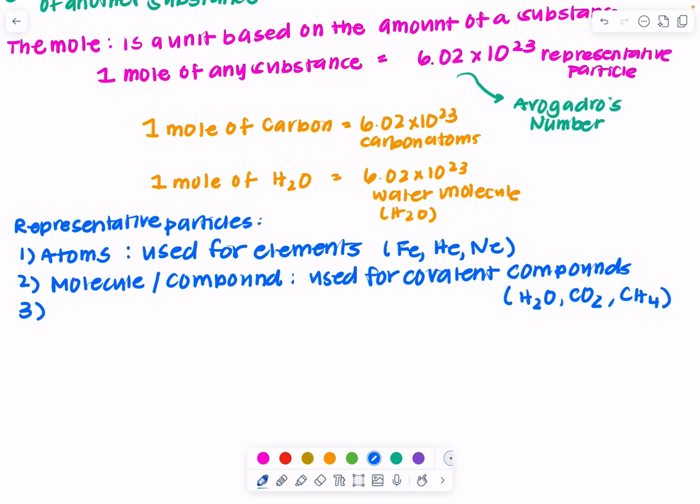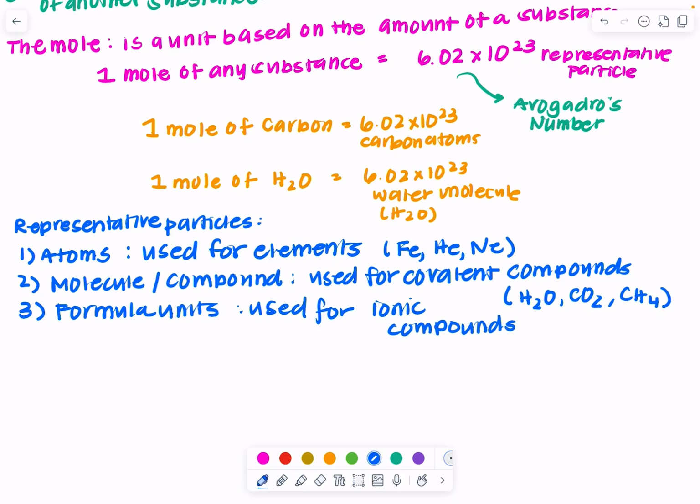And then we also have one called formula units. These are really used for ionic compounds. Ionic compounds are a metal and a nonmetal, like NaCl, or like calcium carbonate. These are all ionic compounds.